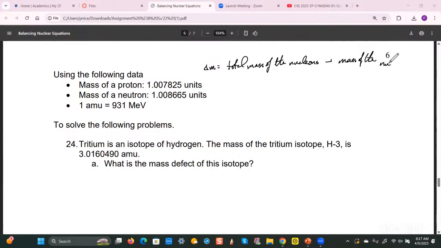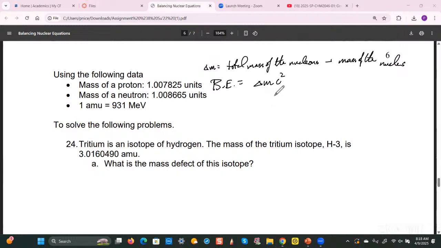All right? So that's the mass defect. And then, what's the other term? Binding energy is equal to the mass defect times C squared, right?